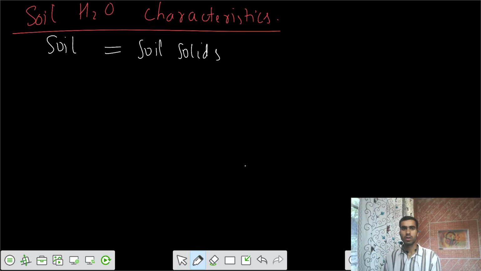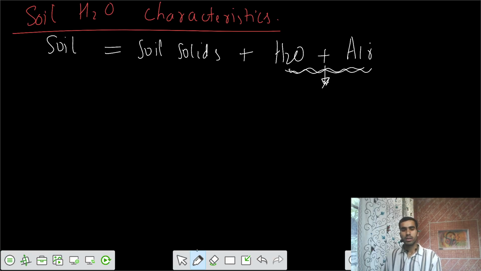You can write soil solids, and we also have water, and we might have air also. Those voids can be partly taken by water, with some air also, or they can be entirely composed of air, or entirely composed of water.